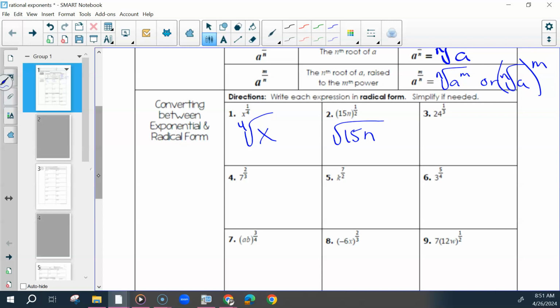How should we change that to radical form? So we will have to simplify this, but we can't do that if it's not in radical form. So we have to change it first. Look at number 1. That's a good example.